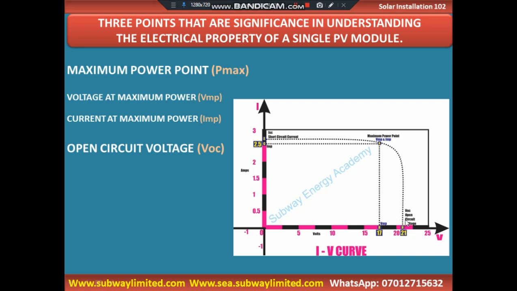So this is your point D on the IV curve, and we have the short circuit current, which is this point. Then those are 3 points that are very, very important when you are considering the IV curve of any solar panel. So it's paramount you understand how this IV curve came about.